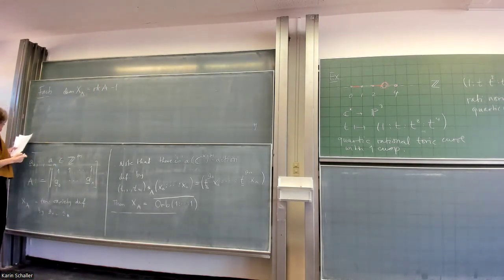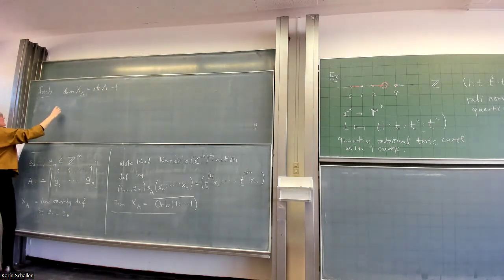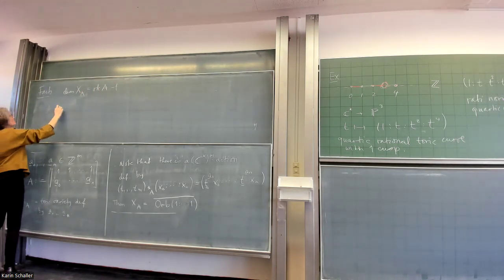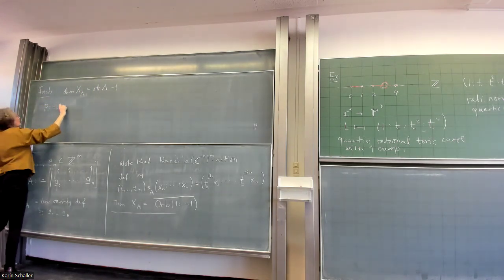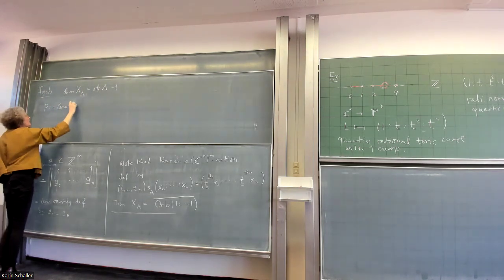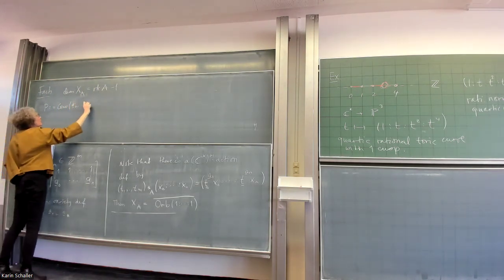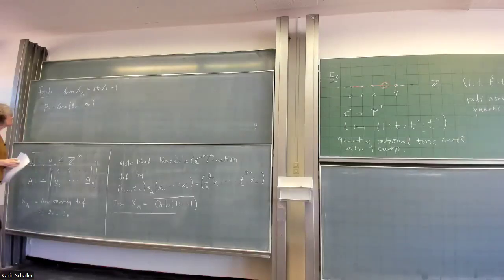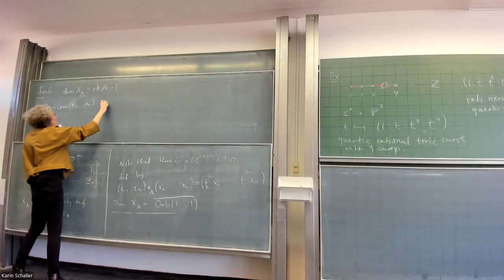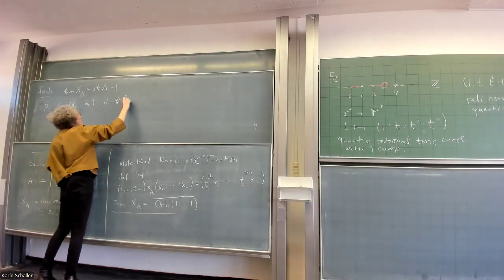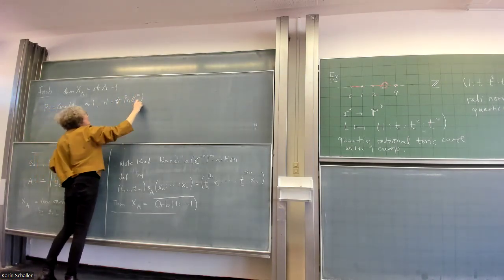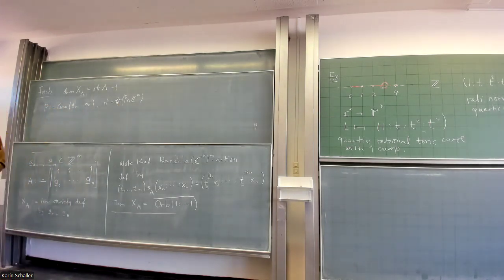I want to say if P is the convex hull of my lattice points, then I can let n prime be the number of lattice points in P. You've seen in both my examples, there was one missing lattice point.